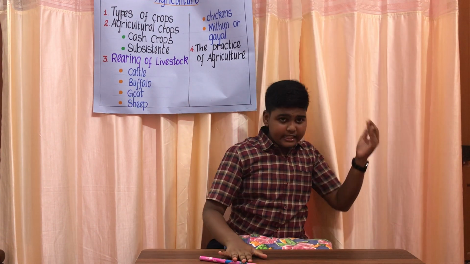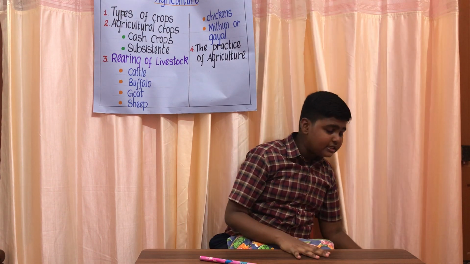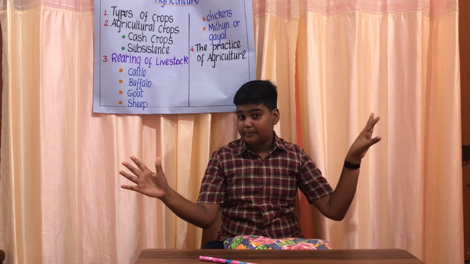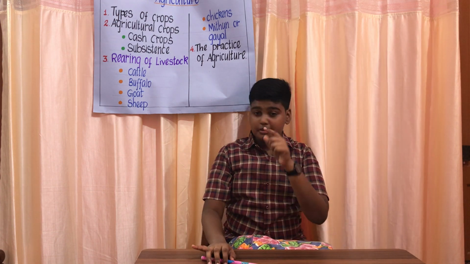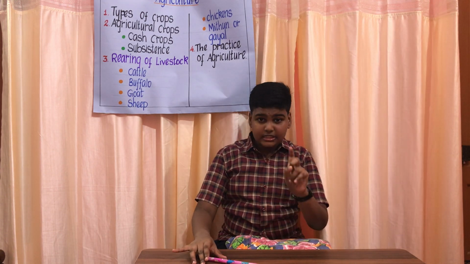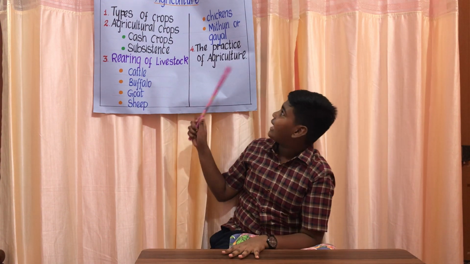But they are not that healthy. If chickens are small, they are healthy; if they are very big, they are not healthy. So farmers give many medicines and make these chickens very big and kill them for meat. There are 800 million chickens alive in farms in India at any given time.